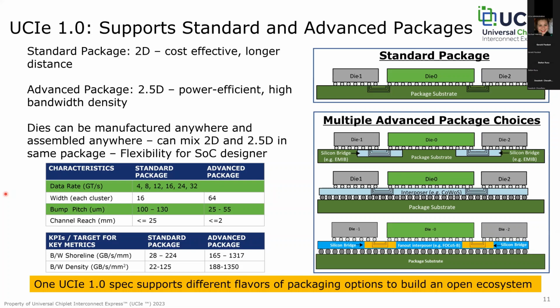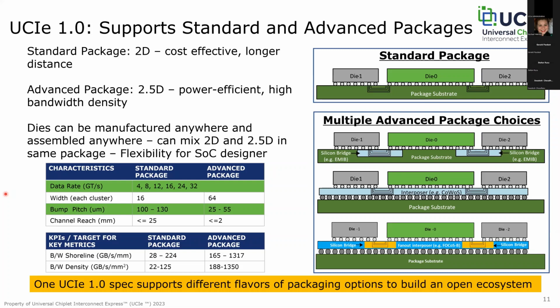And we have some bandwidth, both shoreline bandwidth or linear bandwidth. This is gigabytes per millimeter metrics there for you for standard package as well as advanced package. That range there, by the way, is a direct mapping to 4 GT/s, which is the minimum number, and 32 GT/s.